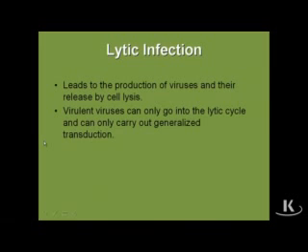Therefore, that gives us the two different options for transduction. In the lytic infection, we're going to bind to the bacterial cell, replicate much like mammalian viruses do, blow up the cell and go on and infect another cell. That's the essence of a lytic infection.